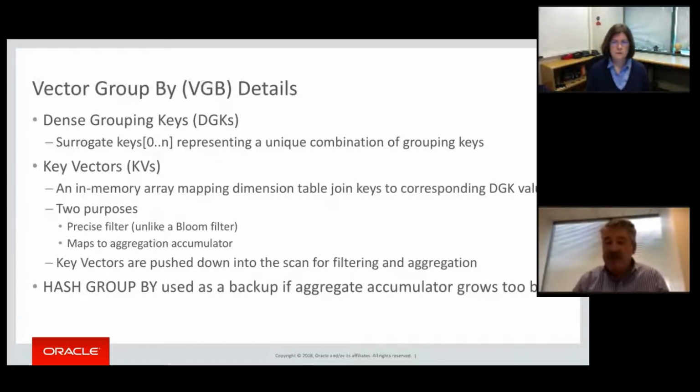So we can do as much as we can with the in-memory aggregation, and then we can always fall back to a hash group by if that area is too large to fit in the PGA based on any size restrictions that we might have, or if you don't have enough memory to handle that. I'll show you that in the execution plans, where that shows up and how you can actually see that it's there as a backup.